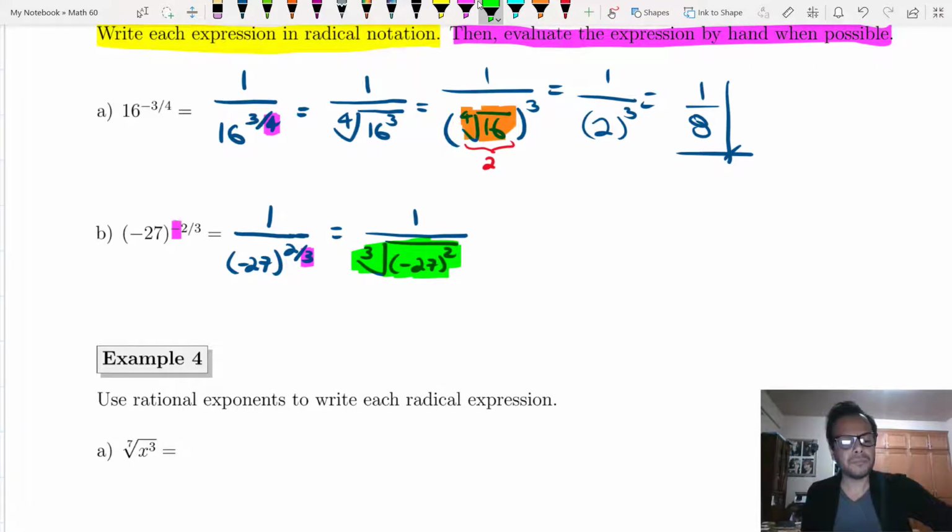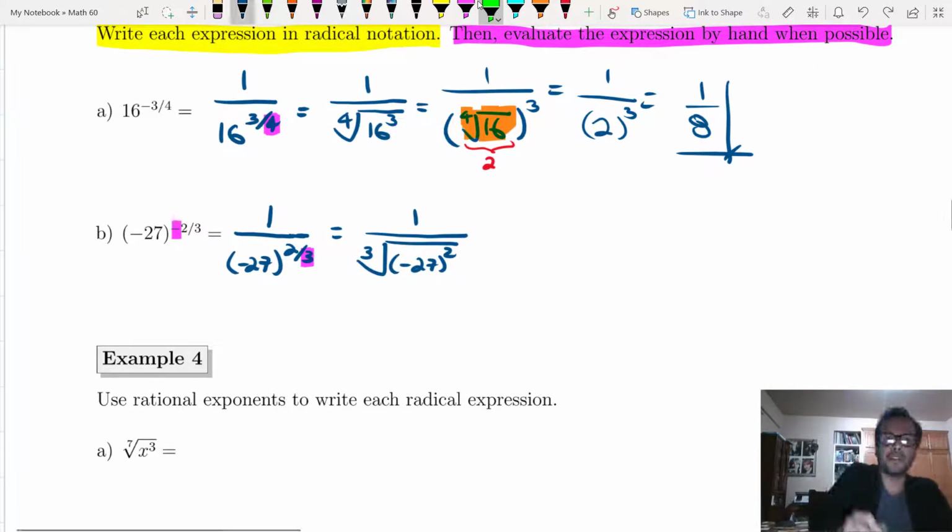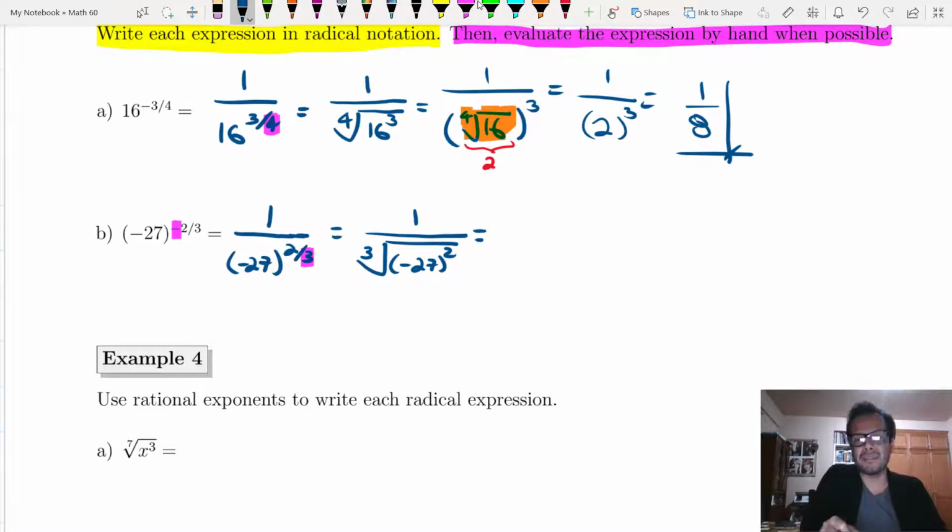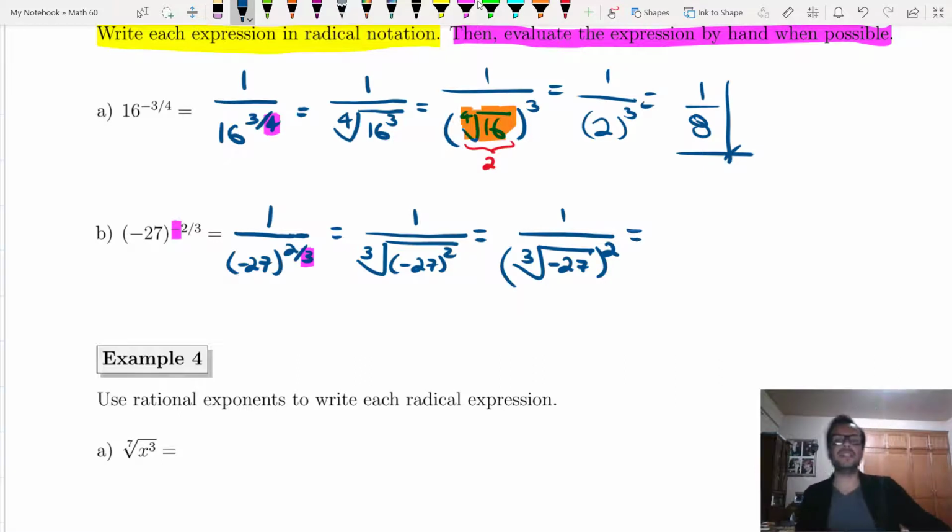That's not practical to do. It's possible, but it's going to take you forever. So instead, I'm going to change notation: the cube root of negative 27, and then raise that to the second power. All right, so let's see.